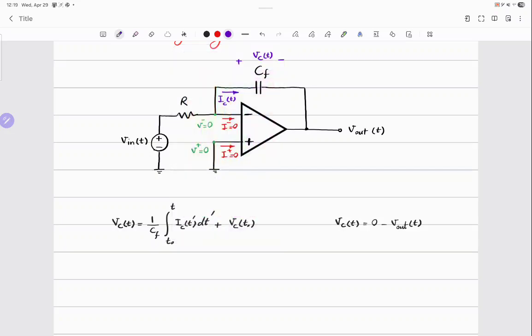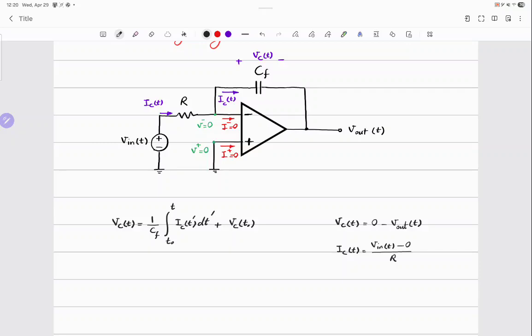Do you agree that this current here is also IC(t), because it doesn't have anywhere else to go? Do you agree with that? IC(t) goes up. So can you give me a better expression of IC(t) that is useful for my understanding of the circuit? Vin(t) minus 0 over R.